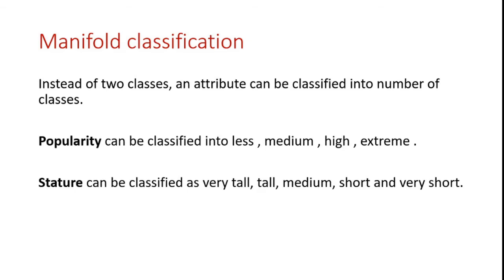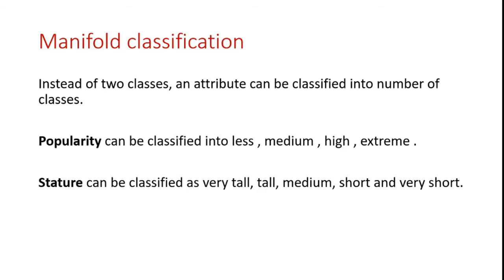Say we have popularity for a film star or a celebrity. It can be classified into less, medium, high, extreme, or stature: very tall, medium, short, very short. So instead of having 2 classes, an attribute can have multiple classes, right?